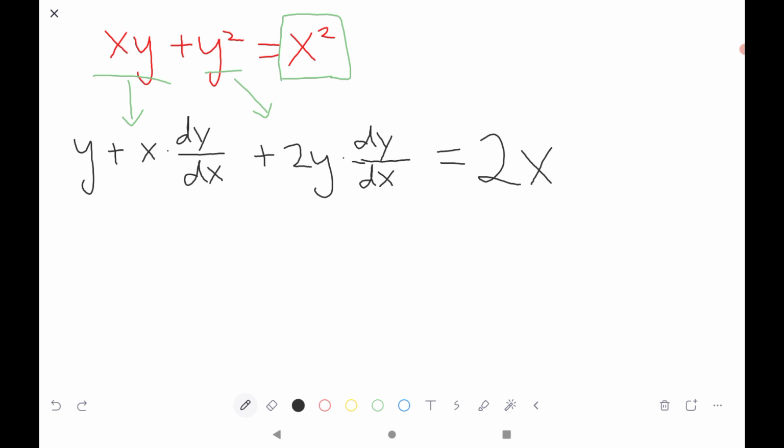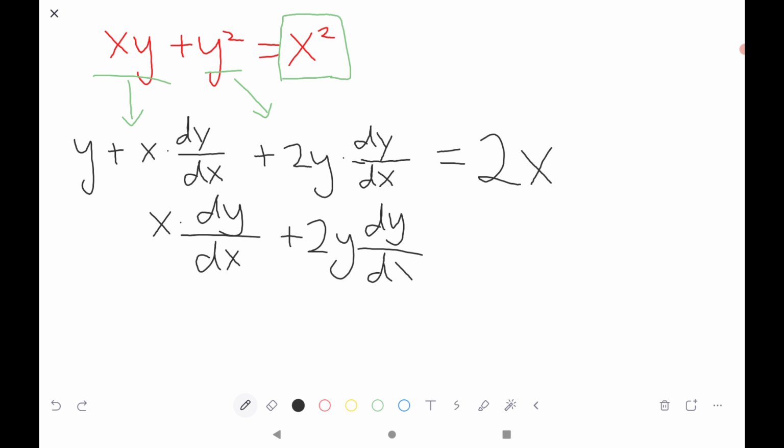So first, I'm going to move the y to the other side of the equation. Everything else remains unchanged, and we simply move the y to the other side, and it becomes a minus y. Next, I'm going to factorize this left-hand side.